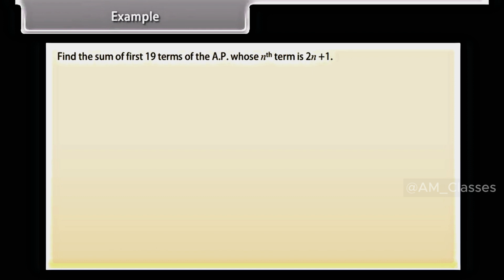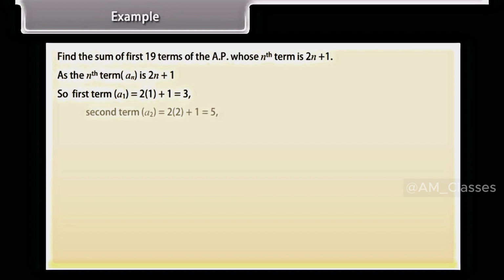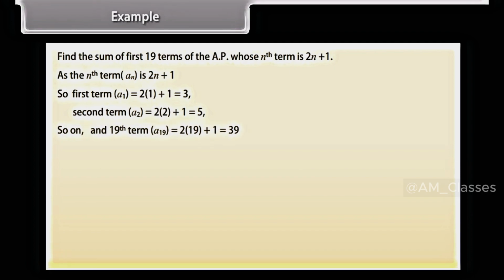Find the sum of the first 19 terms of the AP whose nth term is 2n plus 1. As the nth term an is 2n plus 1, the first term a1 is equal to 2 into 1 plus 1, which is 3. Second term a2 is equal to 2 into 2 plus 1, which is 5, and so on. And the 19th term is equal to 2 into 19 plus 1, which is 39. So the list of numbers we get is 3, 5, 7, and so on, 39.